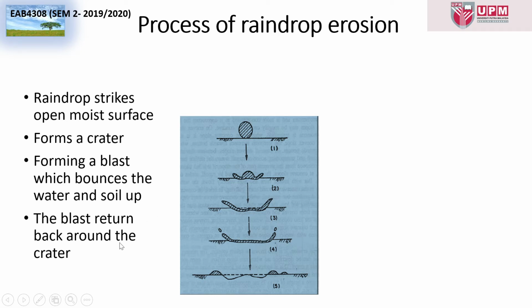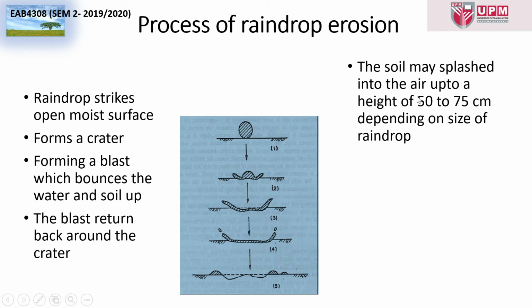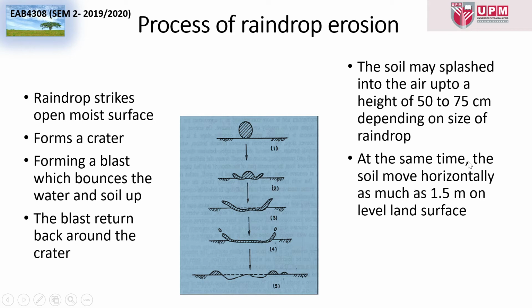The blast returns back around the crater and the soil may splash into the air up to a height of 50 to 75 centimeter depending on size of raindrop. At the same time, the soil moves horizontally as much as 1.5 meter on level land surface.